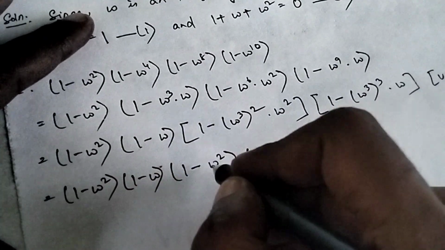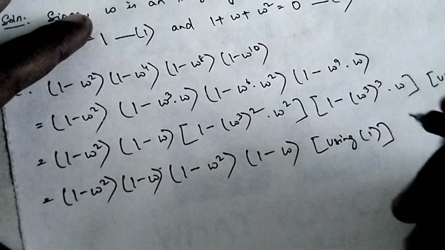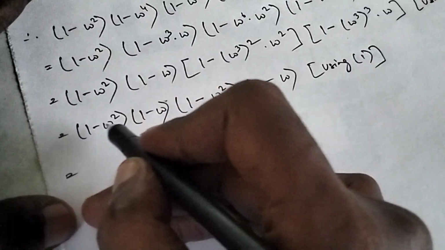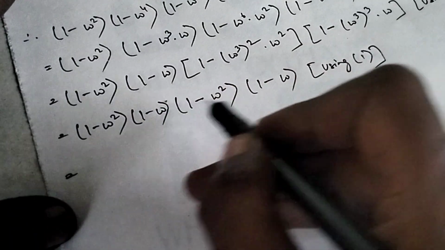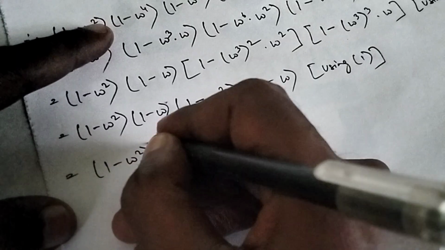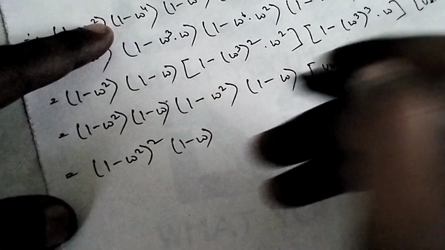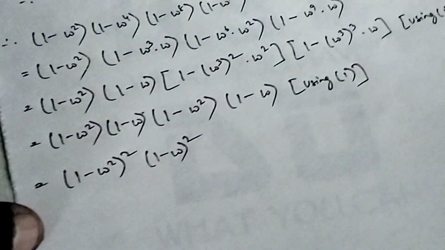So again we got these values using equation 1. Now 1 minus omega square is twice over here, so it will be 1 minus omega square whole square, and 1 minus omega is also twice, so 1 minus omega whole square.